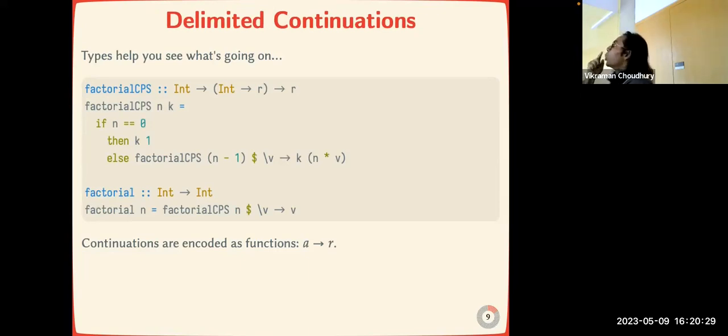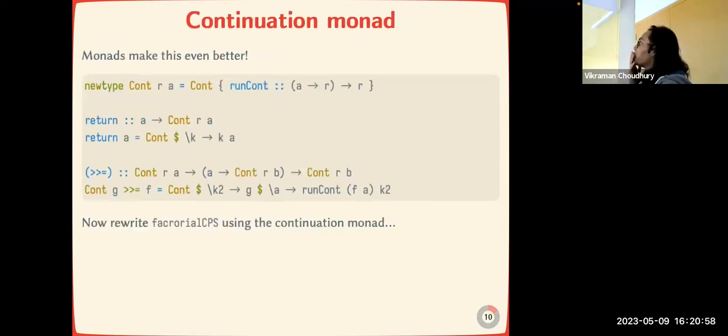If you take that Scheme program and try to give it types, you see that int to int becomes int to R to R. It takes the continuation for int, and then again you have to put the continuation in the right place, and the types help you understand where exactly the results are being used.